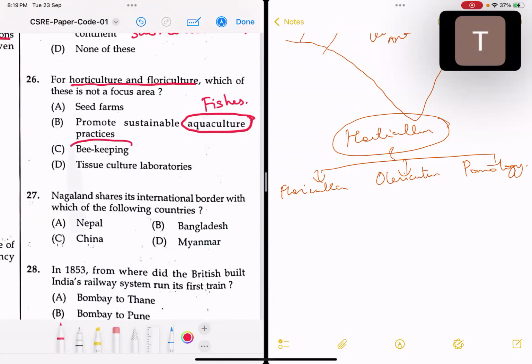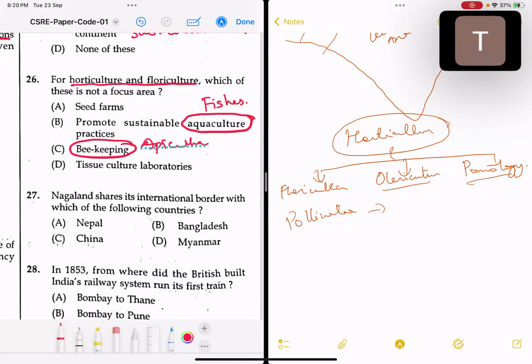Now, beekeeping is considered apiculture. You might be wondering why beekeeping is not the correct option, but you have to remember that for cultivating fruits, cultivating vegetables, or even floriculture, the most important thing is that pollination should take place.